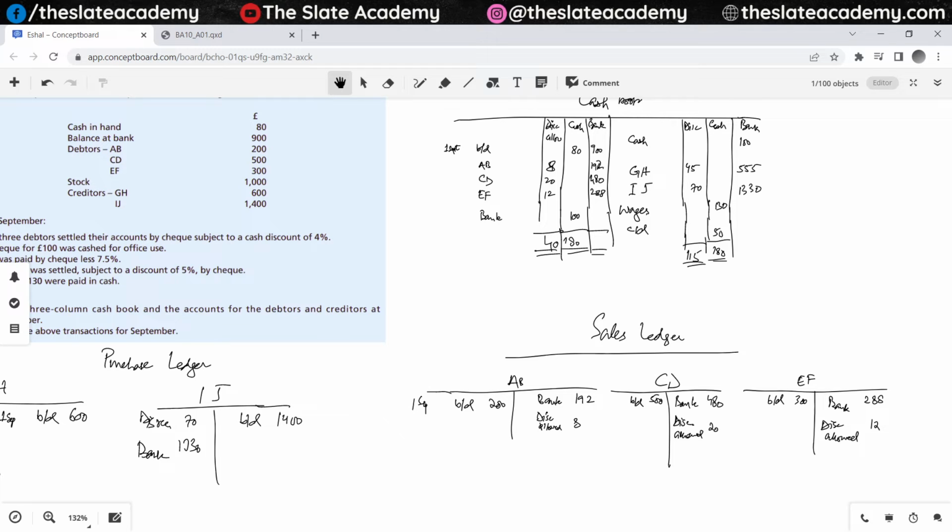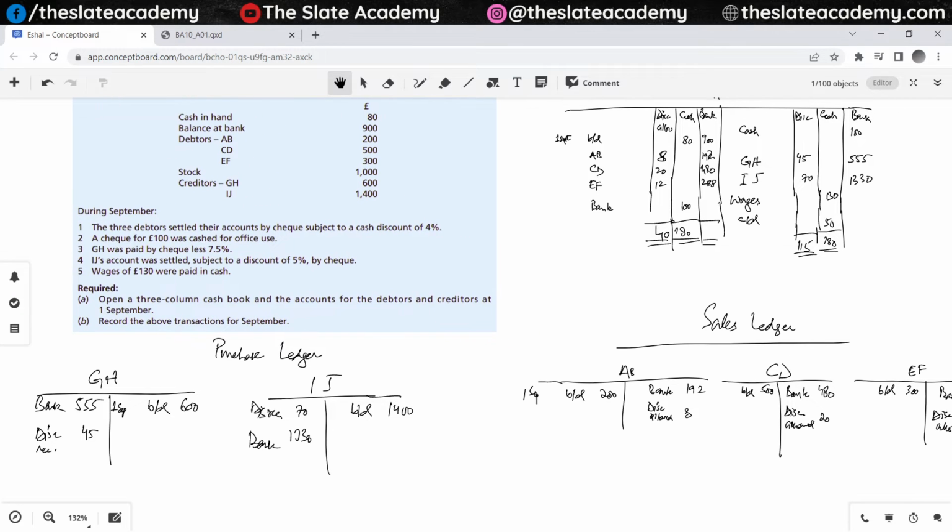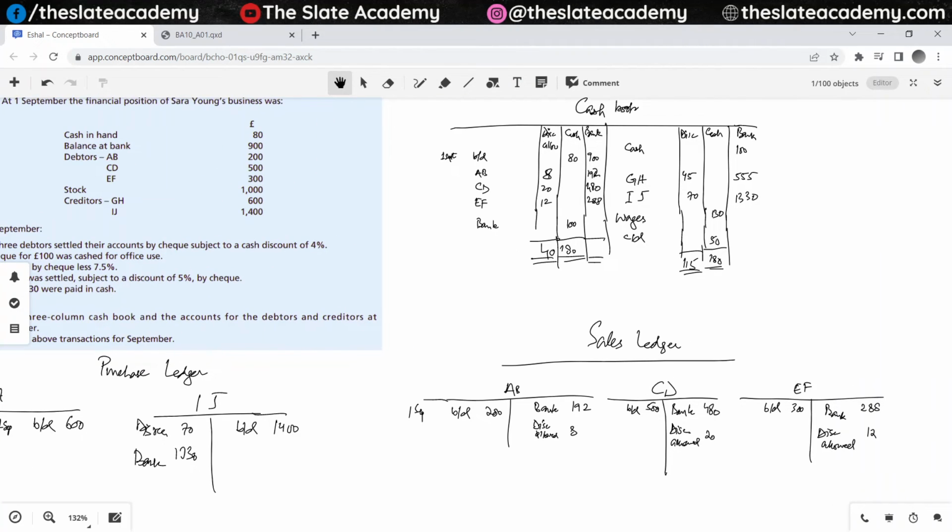Now have we made any mistake? The amounts are all written correctly. 900, 192, 480 and 288 and the payments of 1330. Okay, and the other payment would be 555 and 100 we withdrew. Okay. Now this gives us an interesting situation.